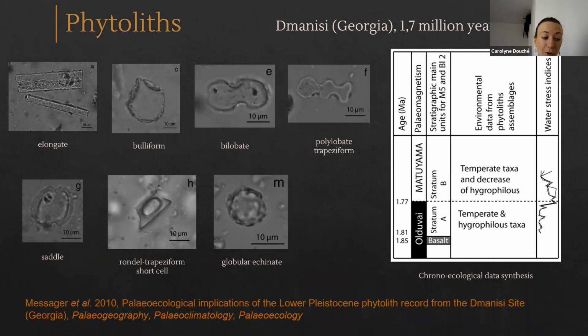Here you have the different shapes, the variability of the phytoliths recovered at the site, and their good preservation indicates a change in environmental conditions in the region. It points to an ecological shift toward increasing aridity, contemporaneous with human presence in this region.